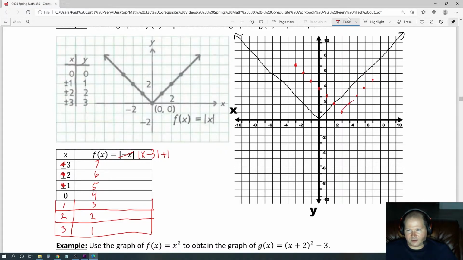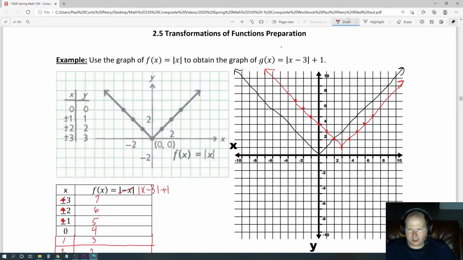Okay, so this just combines the vertical and horizontal movements of the previous one. In this case, if you just look at the bottom, this little point right there, what happened is, because of the negative 3, it moved 3 to the right, and because of the positive 1 right here, it moved 1 up.